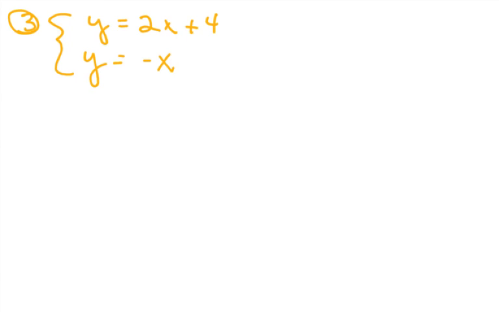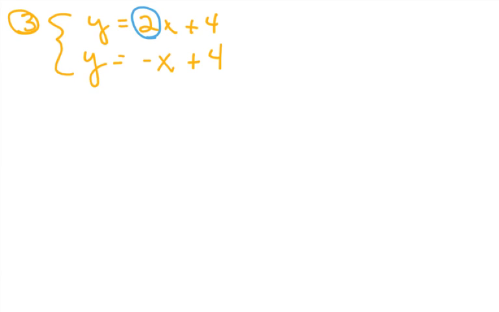All right, and the last example, we have y equals 2x plus 4 and y equals negative x plus 4. So the first thing that we want to look at is the slope. So the slope here is 2.